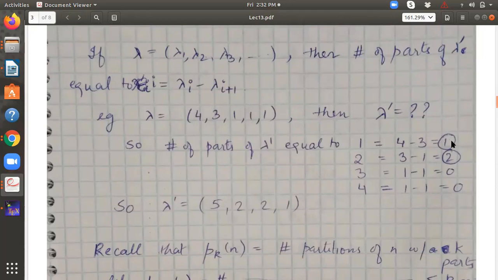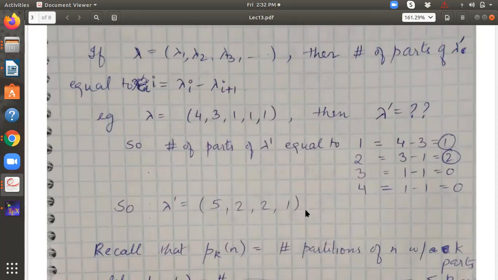So there is part 1 which you have achieved once, there is a part 2 which you have achieved twice, there is a part 3 which occurs 0 times, and the part which would have value 4 appears 0 times. Am I clear? Yes, ma'am. Okay. So this way lambda prime turns out to be 5, 2, 2, 1.